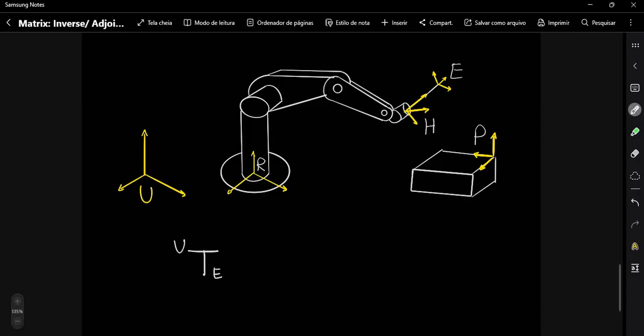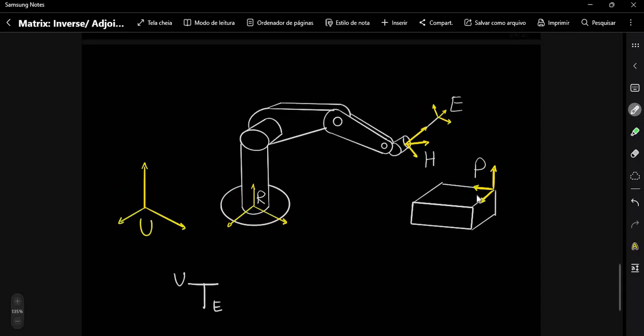That means we want to know where the end effector is going to be at the end of the task. And we need to understand the meaning of this name, end effector. End effector means the tool responsible for performing the task.